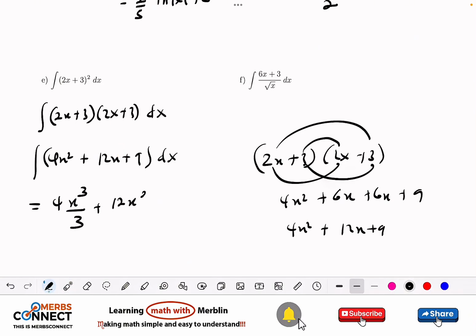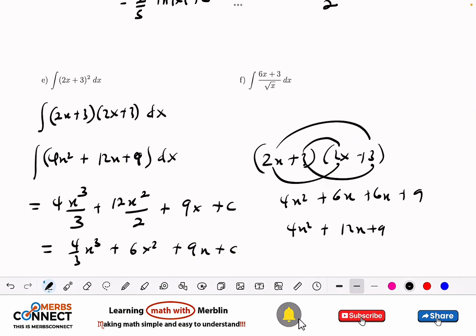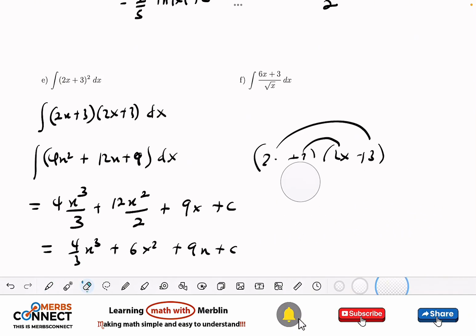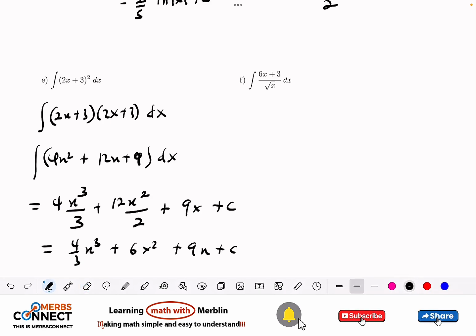Add 1 to it, get 2, so I'll divide by 2. Plus, when I integrate a constant, I get a constant times x. Then I add my c. So if I want to simplify, 4 over 3 x to the power 3 plus 6x squared plus 9x plus c. Right, so when you become good, you can just move very fast. So this is what you can do.